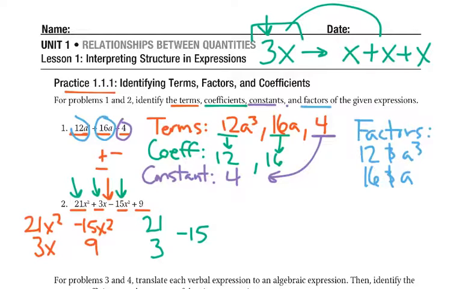Do we have a constant? Yes, we do. It's right here, our 9. There's our constant. And then our factors: these are all multiplying because they have coefficients. So 21 with x squared, I believe. No, x cubed. I covered it up, couldn't see. Nope, it is x squared.